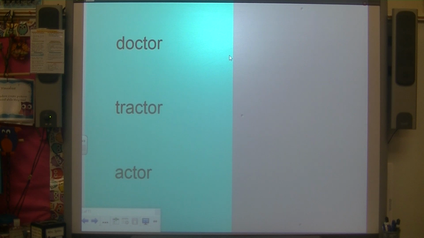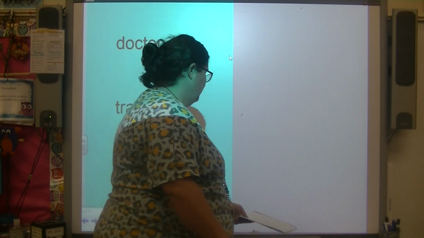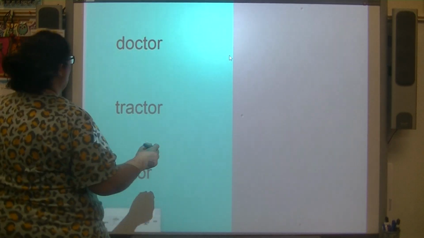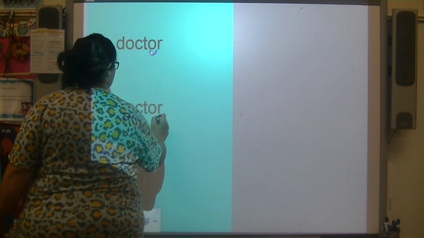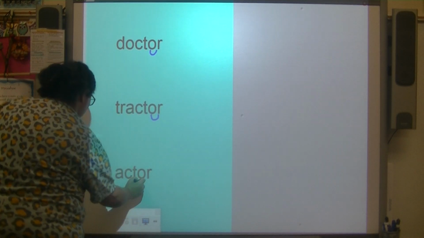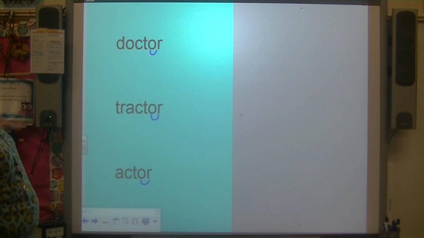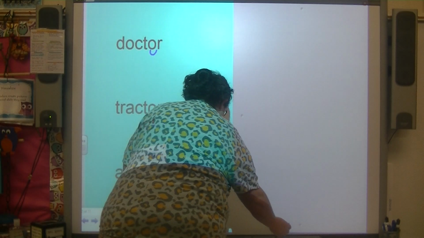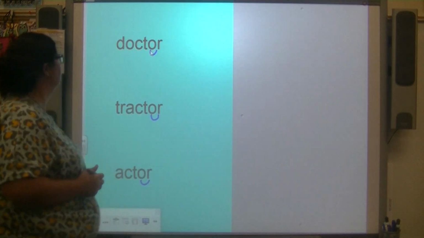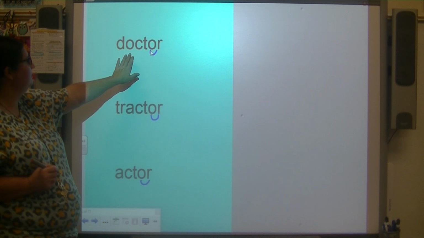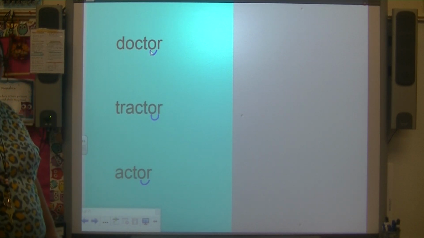Okay, so here I have doctor, tractor, actor. We can go ahead and code combination OR. We know it's saying that here for some reason. I don't know why, but it is. All right, now let's code the rest of the word. When I look at this word doctor, how many vowels do you see?